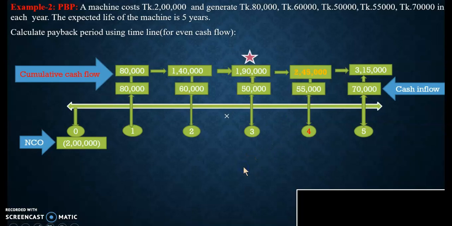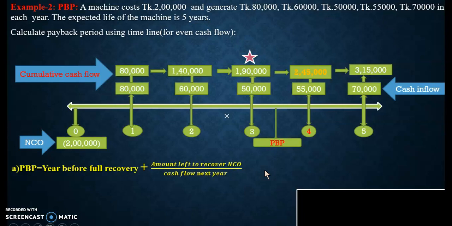So the full years amount is taka 1,90,000 and the payback period is located here, before year 4, after the 3rd year.